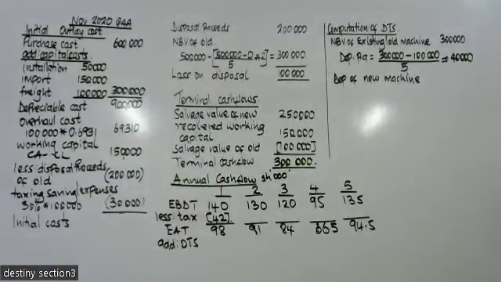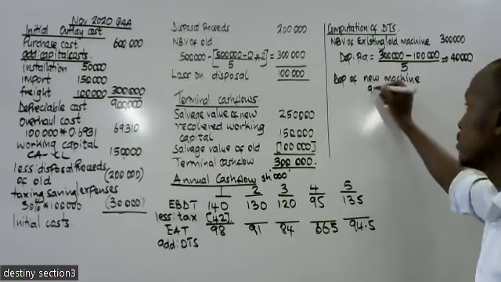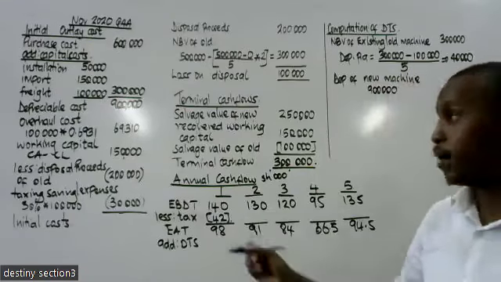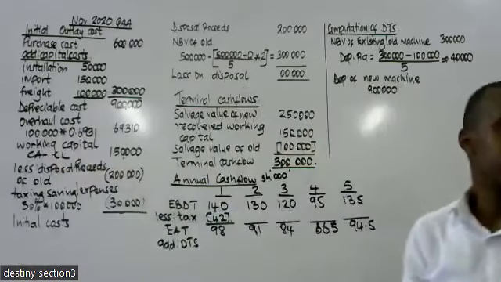Notice the company uses the straight line method there. So you take the cost minus salvage value, divide by useful life. What's the cost? The cost is the depreciable cost of 900,000. The machine's depreciable cost, not the purchase cost.